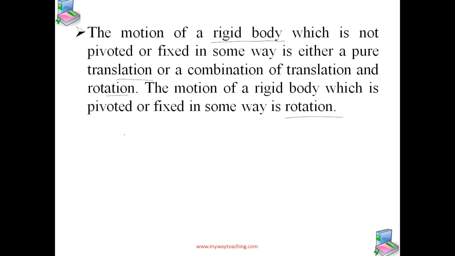The rotation may be about an axis that is fixed or moving, as we saw in the case of an oscillating table fan. So this is the simpler explanation of translation and rotation, and we even saw examples of how rotation works, isn't it? So next, in the coming part, let us see what the center of mass is.